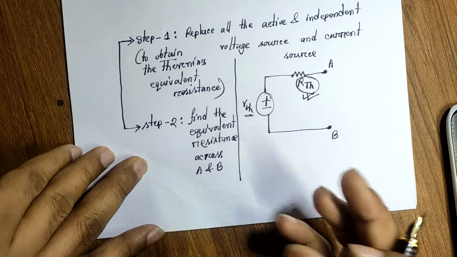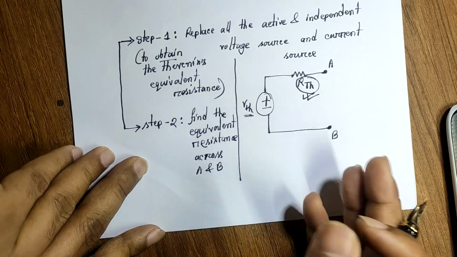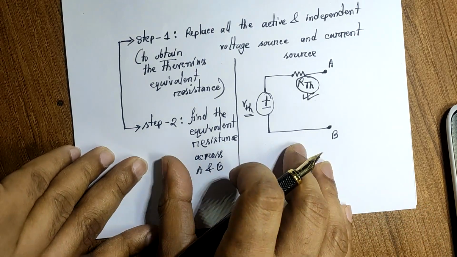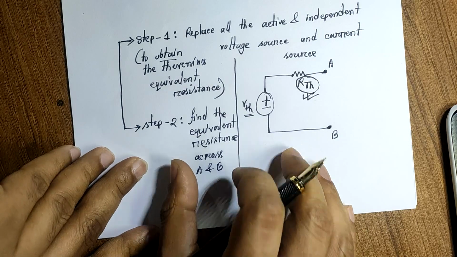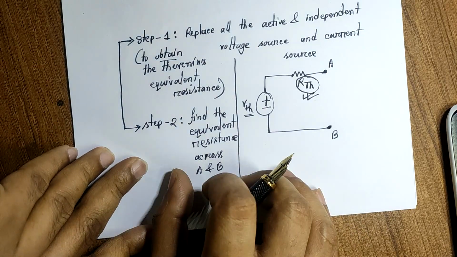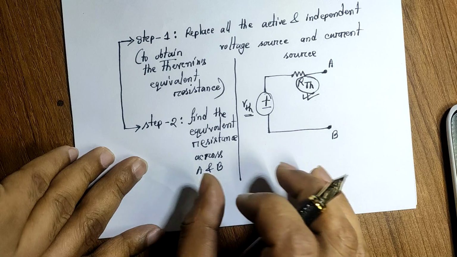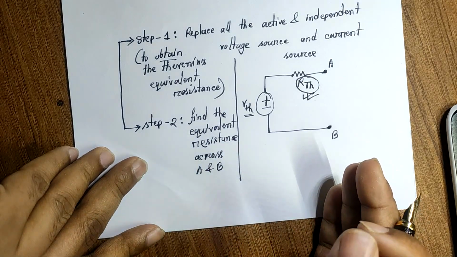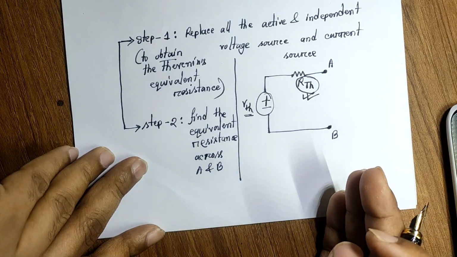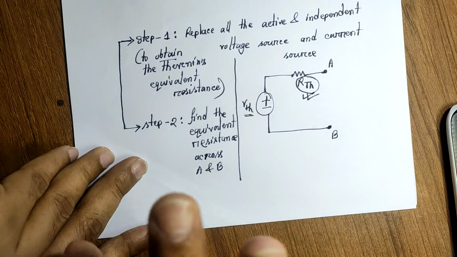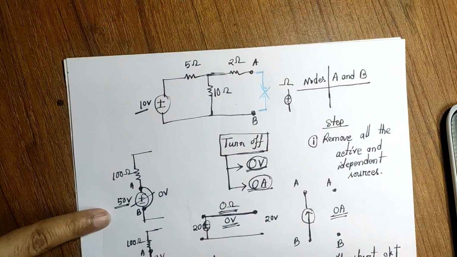There are lots of ways. This is a very easy circuit, so just analyzing the series and parallel combinations of the resistances will be enough to solve the circuit that we are dealing with now.